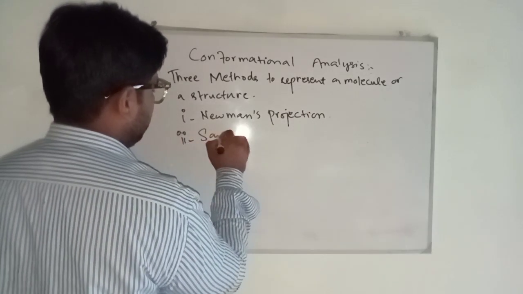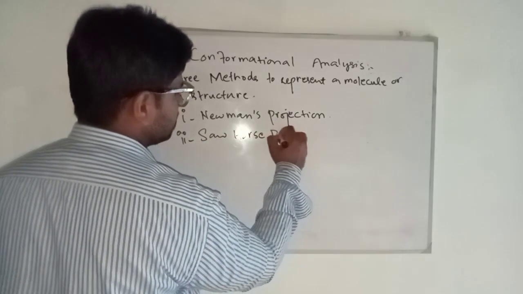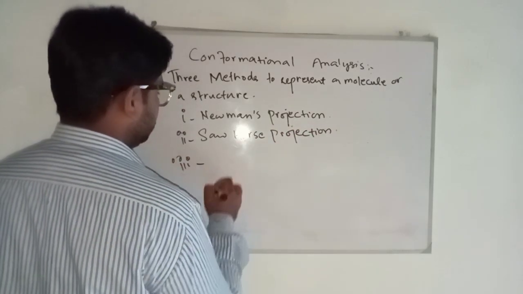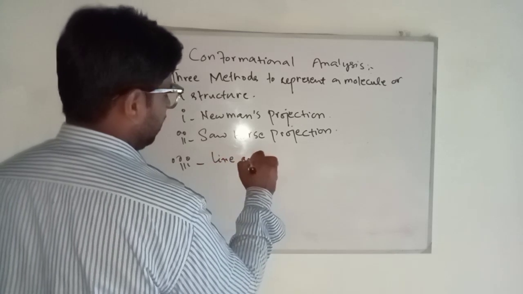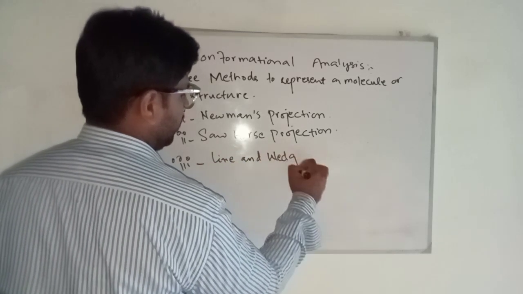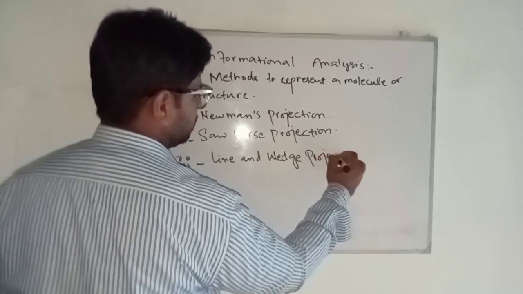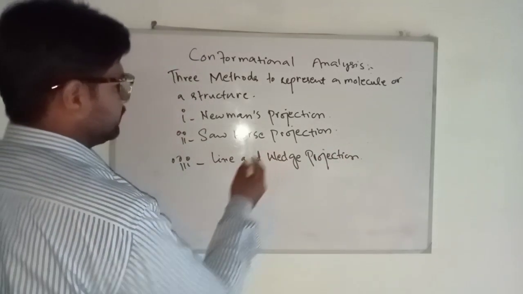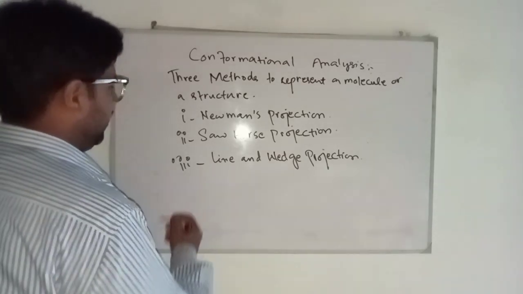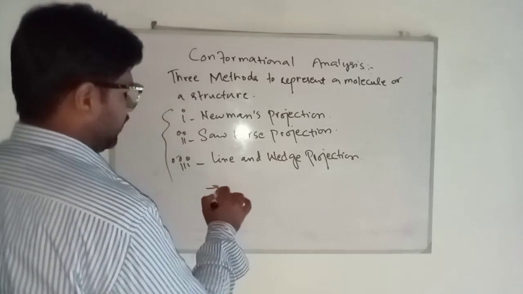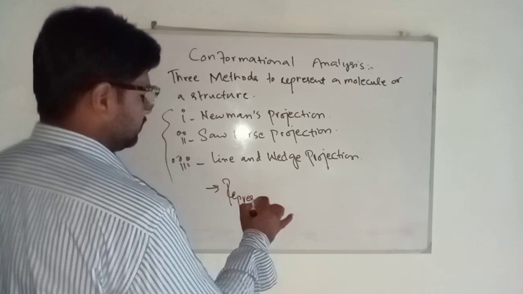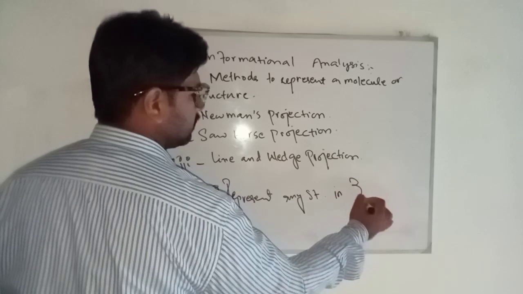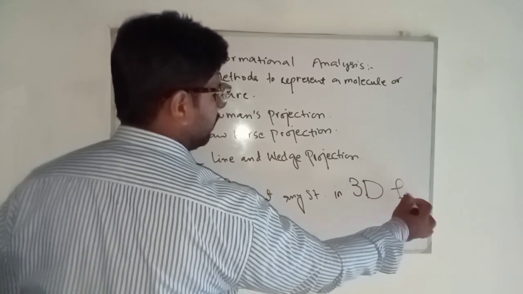Second one is called Sawhorse projection, and third one is line and wedge projection. So these are the three types of projections with the help of which you can represent any structure in three-dimensional form.